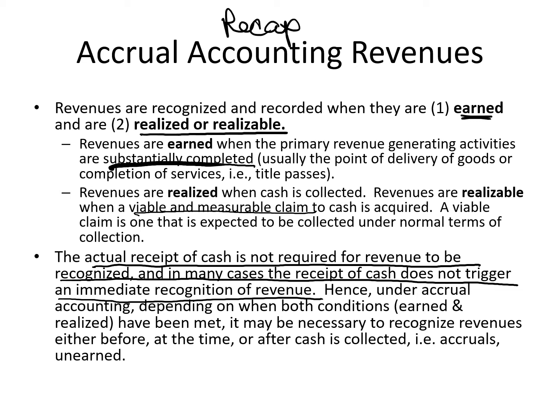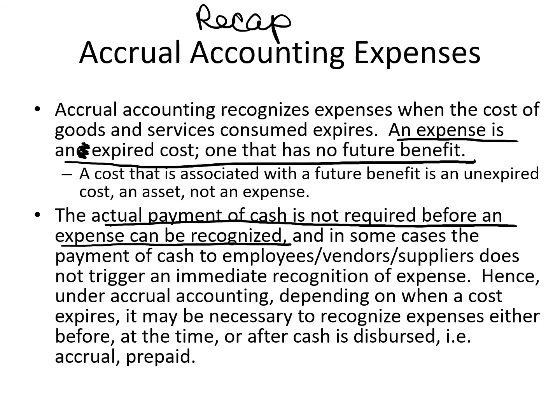In many cases, the receipt of cash is something that happens in the future. It could be something that happened in the past. It could be happening at the time of the revenue recognition. So cash has nothing to do with the accrual of revenues or the recognition of revenues.